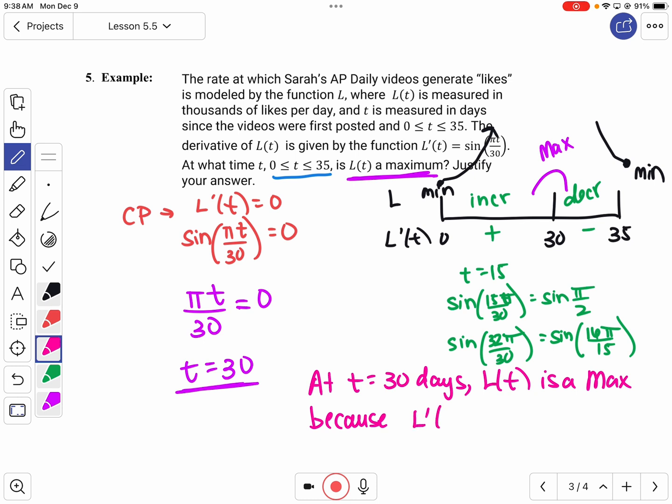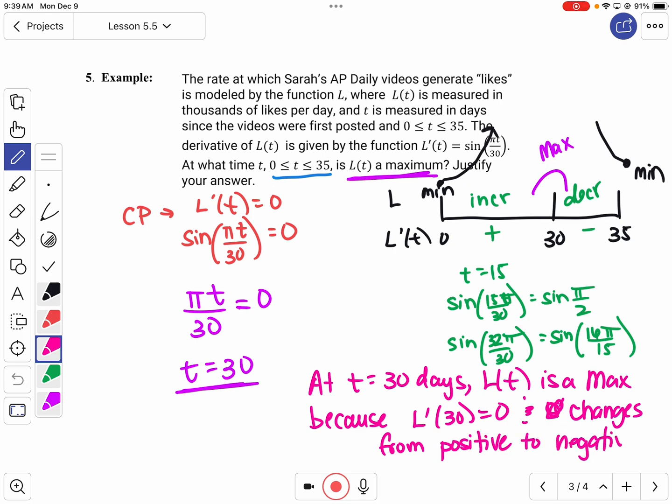L prime at 30 is equal to 0, so we identified it as a critical point, and it changes from positive to negative. So that's your justification. Likely you would get a point for the critical point at 30, and then probably a point for your justification. That's probably 2 points for that part.